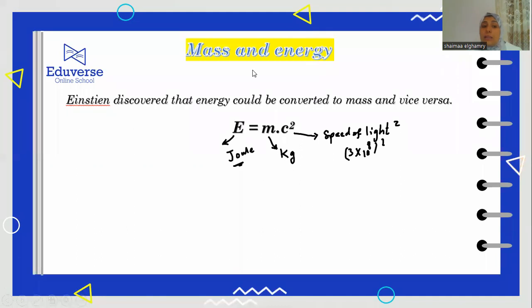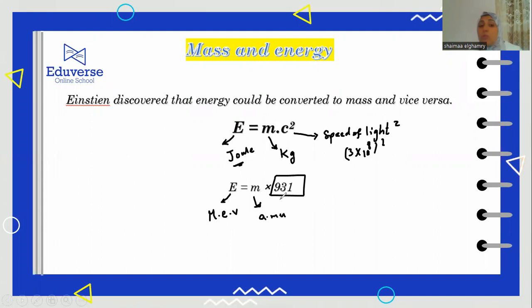The second Einstein equation is also calculating energy, but in another unit, which is what? Million electron volt. And mass here is measured in what? Atomic mass unit. Here the constant will be what? 931. So we have two equations for Einstein.